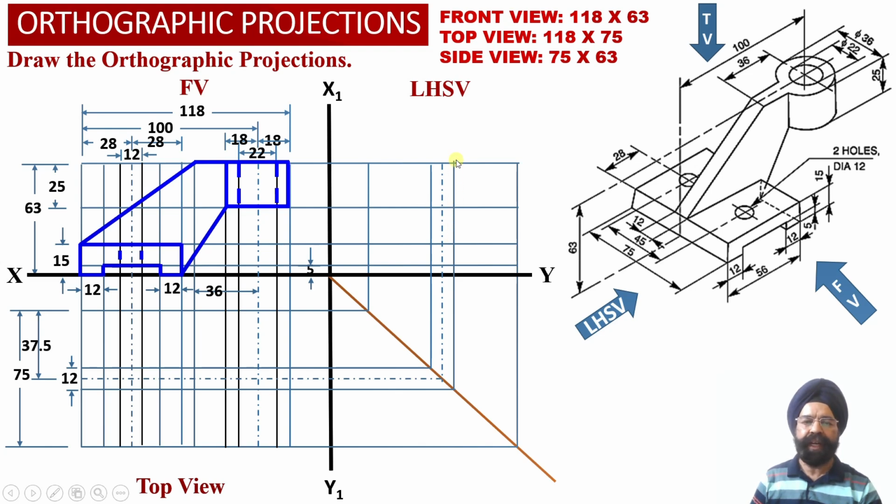Next we have the distance between center points of these two circular holes into the horizontal web. So we have to take an offset of 22.5 millimeter towards the rear surface of the solid and 22.5 millimeter towards the front surface of the solid, so that this distance of 45 millimeter will be obtained between these two horizontal center projector lines into the top view projections which we have obtained.